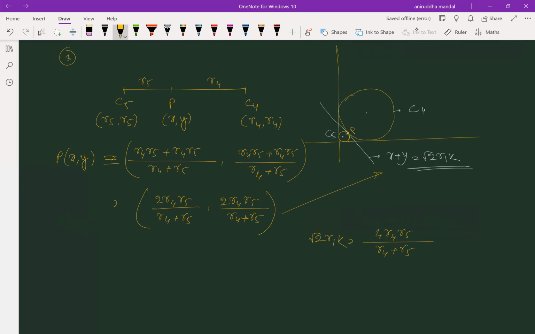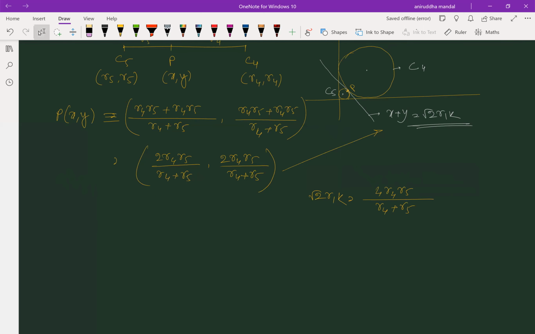Now we have to just write the value of R4 and R5 in terms of R1. So our R4 and R5 is root 2 minus 1 divided by root 2 plus 1 to the power 4 of r1. So let me write this root 2 plus 1 by root 2 minus 1 as a factor a, so we can easily calculate, otherwise we have to write it again and again.